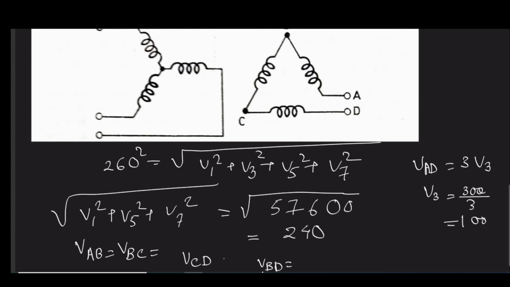So when you are trying to measure BD, BD can be written as VBA plus VAD.